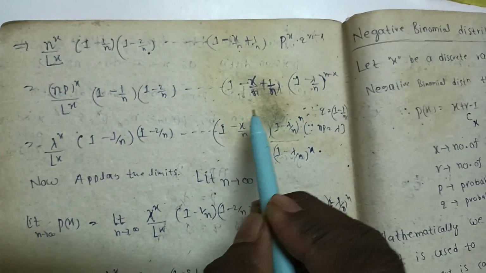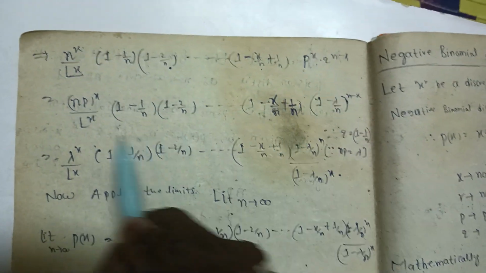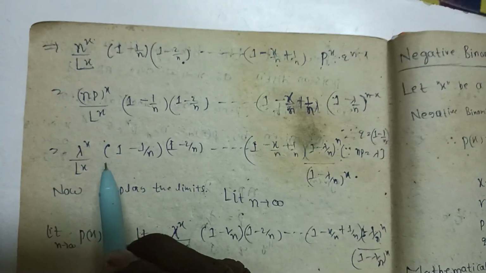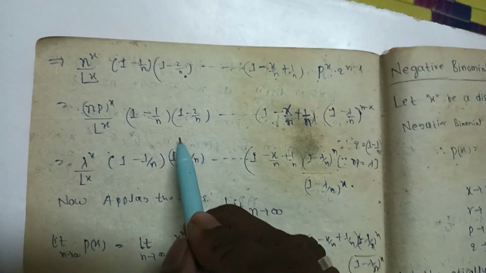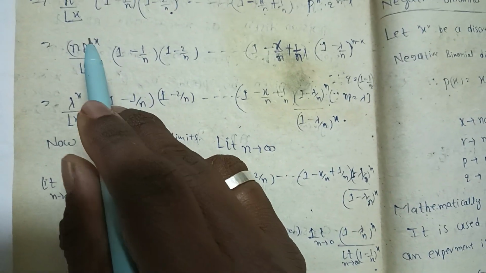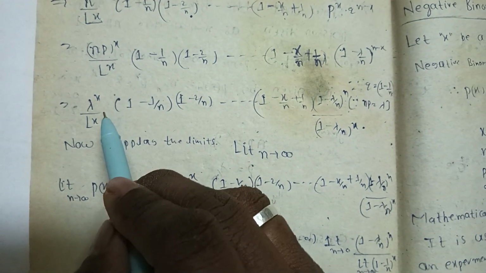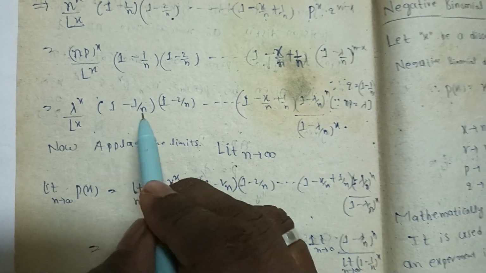Next, we are substituting: n to the power of x is there, p to the power of x is also there, so we put np whole to the power of x divided by x factorial. The remaining things remain the same. Next, what is the value they gave? np is equal to lambda, so lambda to the power of x divided by x factorial.